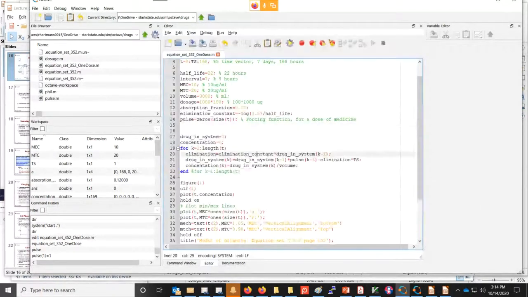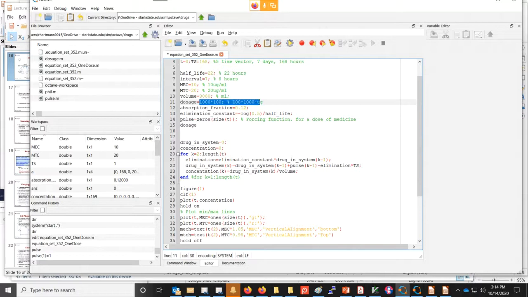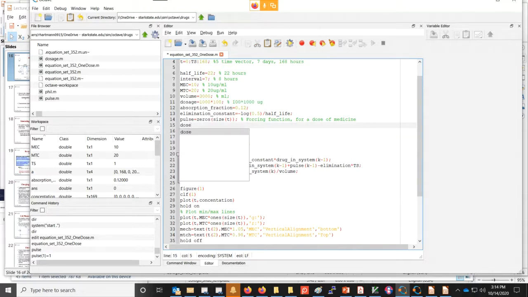So if we come back over here and look at our dosage, I already have a dosage. The dosage is 100,000 micrograms. So my dose at any one time is equal to the pulse times the dosage.